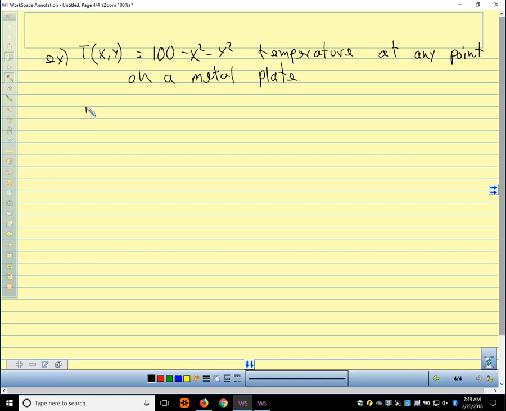We want to find the path of a heat-seeking particle placed at 4,3.